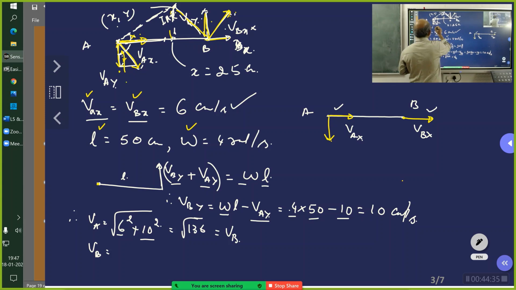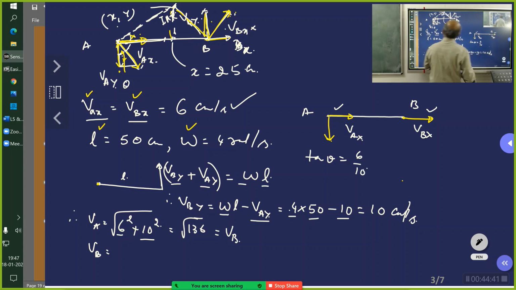Supposing I take this as theta, tan theta will be equal to 6 by 10. And this is also the same, 6 by 10. So this will be some height y, y by 25, so it will be 10 by 6.